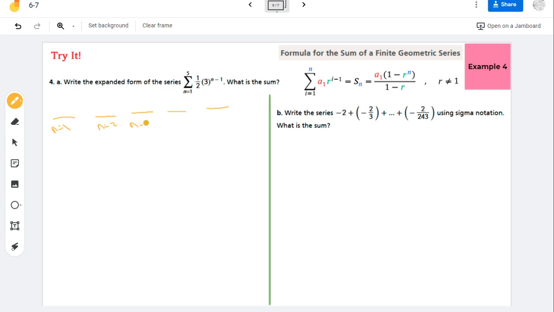Now normally we don't write these blanks in here, but I feel like it makes it easier for you guys to see. So there it is. Now my a sub 1 here is 1/2, and my common ratio is 3. So to generate the next numbers in the sequence, I would just multiply times 3. So 1/2 times 3 is 3/2. 3/2 times 3 is 9/2. Then 27/2, and then 81/2.